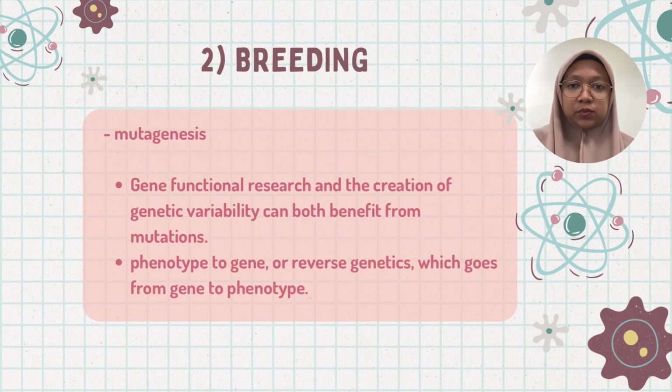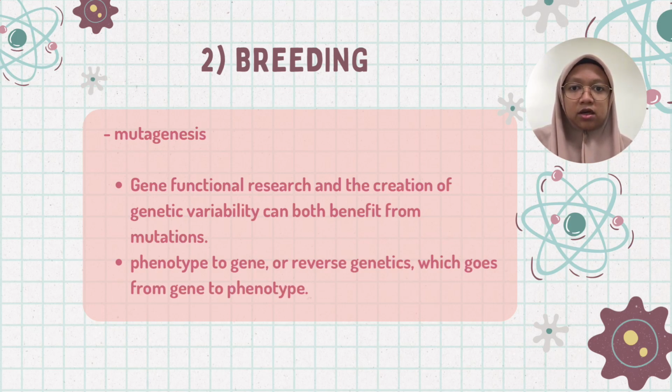The next one is mutagenesis. Mutation can benefit both functional research and the creation of genetic variability. To comprehend gene function, mutants can be analyzed using forward genetics, which goes from phenotype to gene, or reverse genetics, which goes from gene to phenotype.